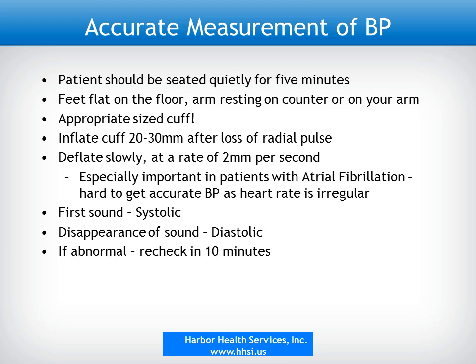It's more erratic, and it is hard to get an accurate blood pressure when the heart rates are irregular. But if you go very slowly, it's more likely that you're going to get the most accurate blood pressure. The first sound you hear is the systolic number, and then the disappearance of the sound is the diastolic number. If you get something abnormal, it's a good idea to recheck it in about 10 minutes just to see if there's any change.